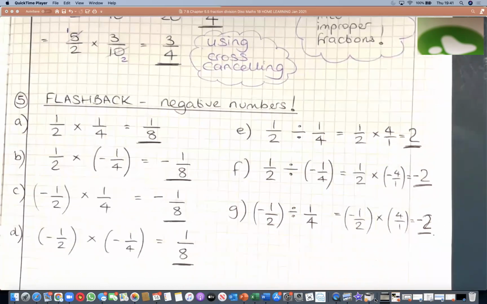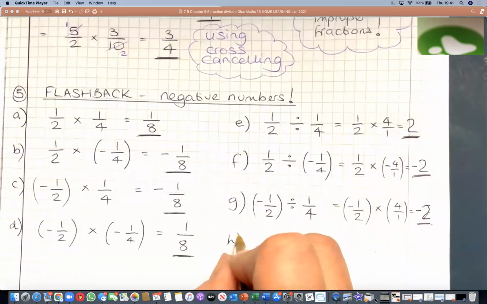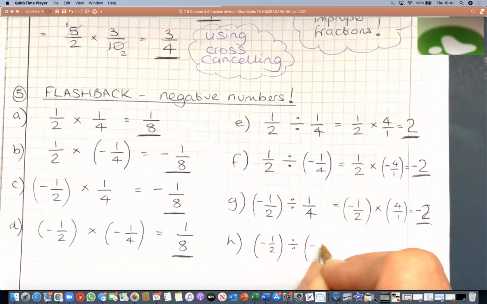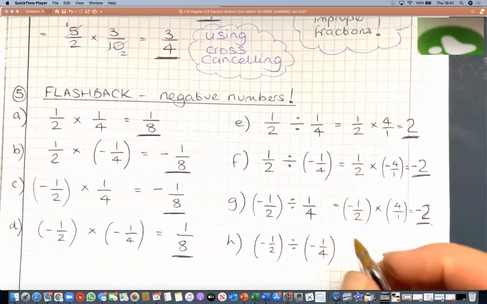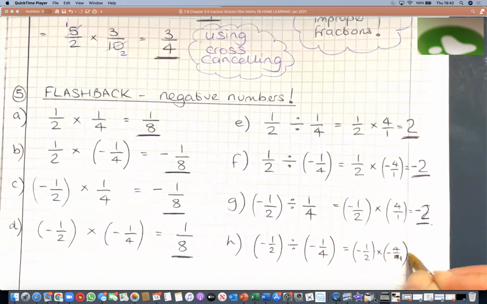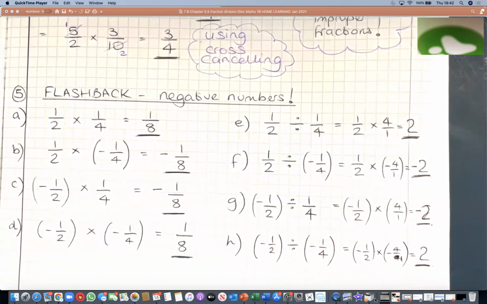And finally, if I have a negative 1/2 divided by a negative quarter, that's going to leave me with negative 1/2 multiplied by negative 4/1, sorry, I'm rushing, gives me a positive 2, because a negative multiplied by a negative gives us a positive.